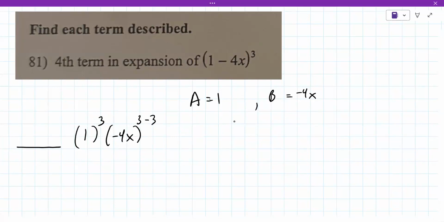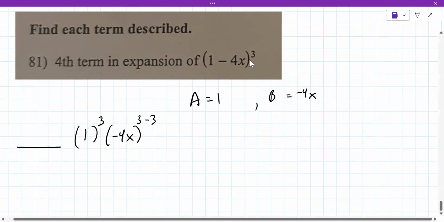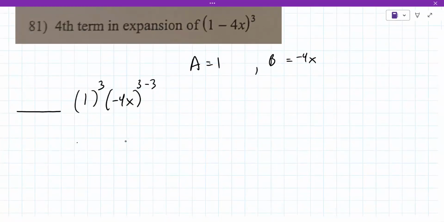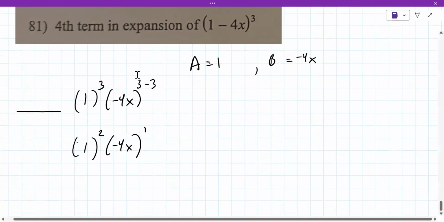And then there's a coefficient. Now this one's actually backwards, I should probably note that as well. This really isn't the right one to be doing this with, but that's okay. The next thing is it's 1 to the power of 2 minus 4x to the power of 1. Okay. So this 3 minus 3 is really 0.